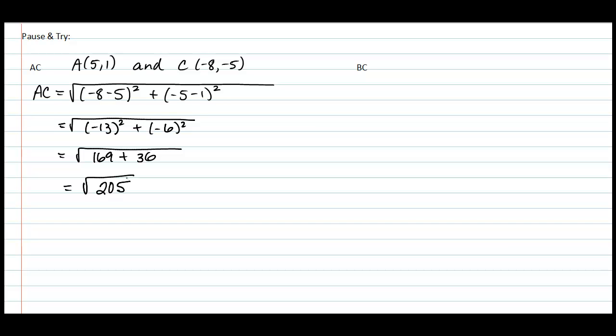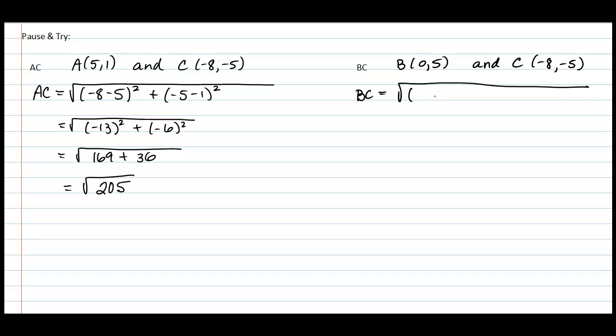The side BC is using the ordered pairs (0, 5) and (-8, -5). The distance formula for BC would be -8 minus 0 squared plus -5 minus 5 squared.